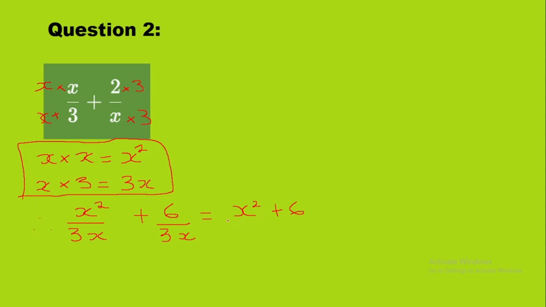I'm going to repeat, because the terms are not like terms in both fractions, we will just write the terms at the top of the fraction as is. So this right here is our answer. And remember, these are not like terms.